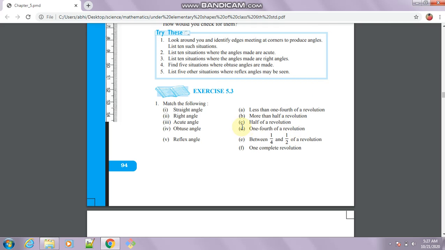A right angle is 1/4 of a revolution. An acute angle is less than 1/4 of a revolution. An obtuse angle is more than 1/4 of a revolution. Sorry, it is not more than half a revolution.